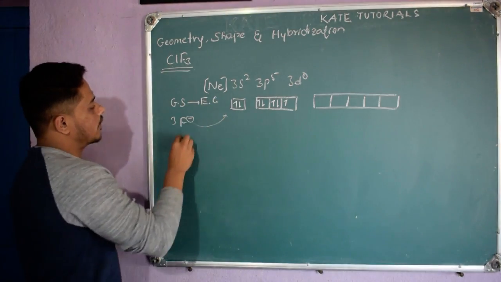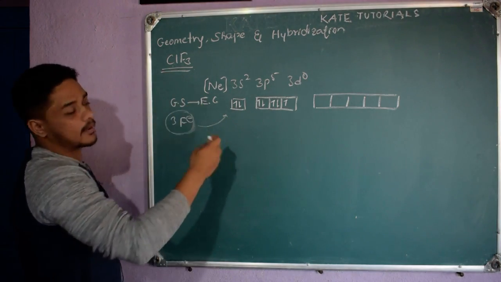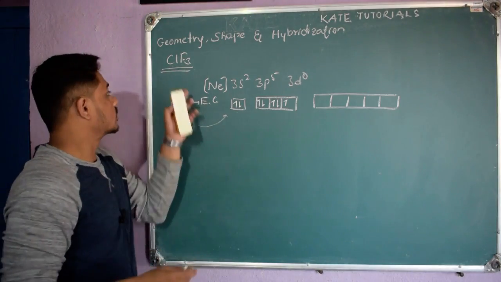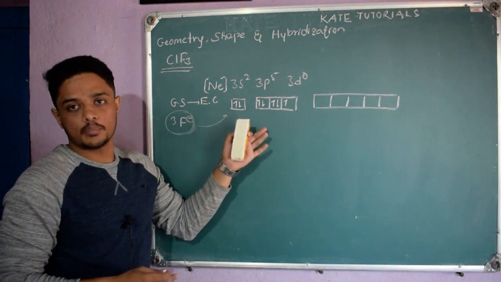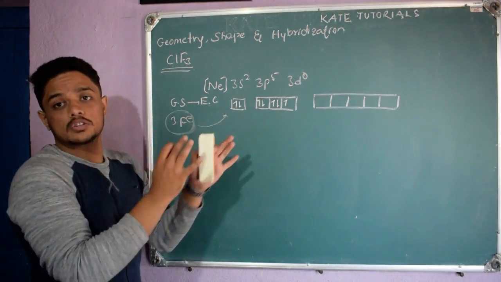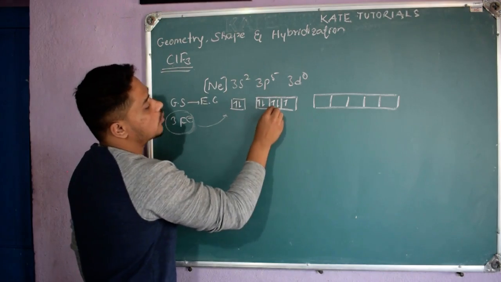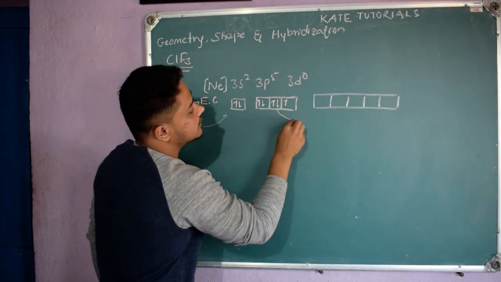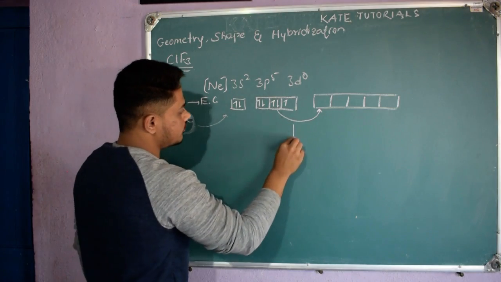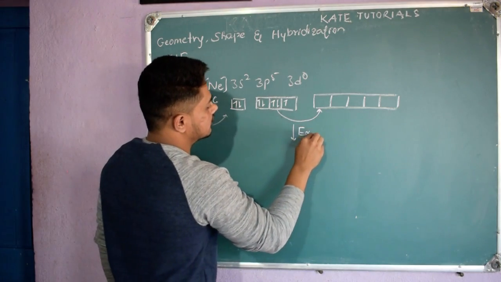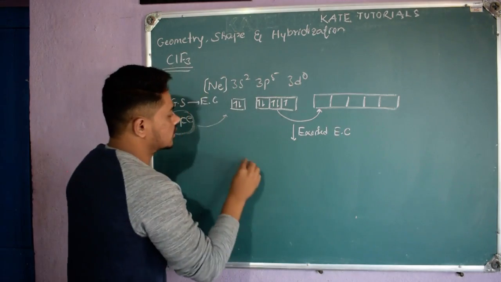When these fluorines approach, they get excited because the fluorine also has electron density, and these also have lone pair electrons. During excitation, one of the electrons from this lone pair jumps here. So now we have the excited electronic configuration.